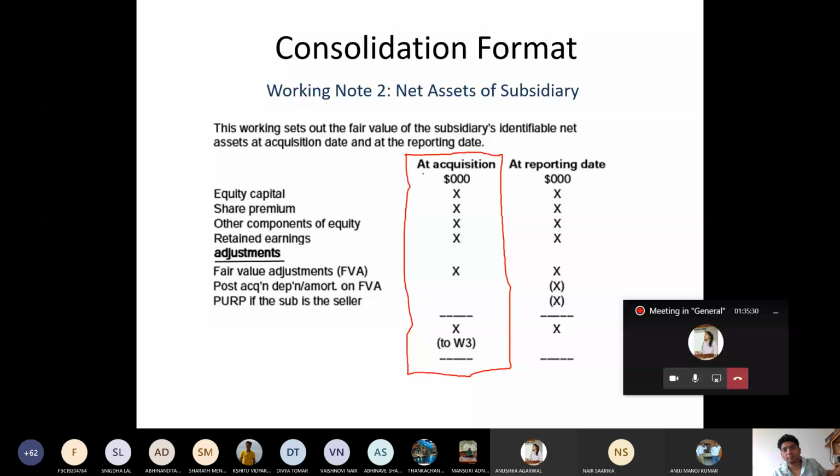Loss. Impairment means loss. So there can be loss of goodwill also. For example, if there is some issue with the company, ठीक है, कंपनी में कुछ गड़बड़ हो गया, तो क्या होगा? गुडविल में प्रॉब्लम आएगा, so there will be loss of goodwill. So that is called impairment of goodwill.